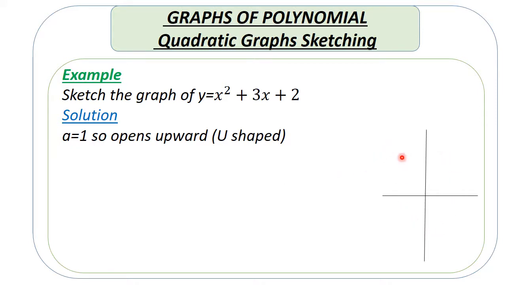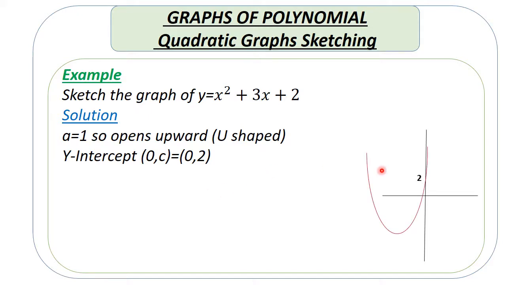We can't be sure where it's going to cut, so we need more information. But we know that it's going to be like this. The next is the y-intercept, which is this number here, which is just 2. Therefore, our graph is going to pass somewhere here where 2 is. We can just approximate that 2 is going to be somewhere here, meaning that the coordinates are 0, 2.